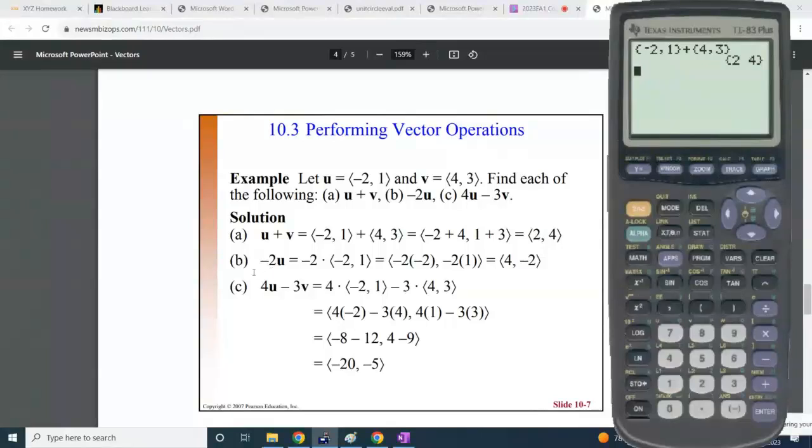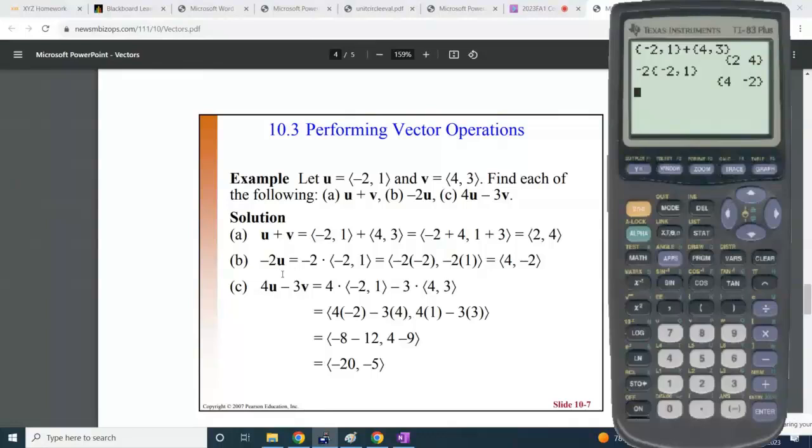If I wanted to do problem number B, negative 2 times U, I can put in negative 2. And notice I'm using the curly braces. I can put in negative 2 comma 1 in my curly brace, and I have 4 comma negative 2.